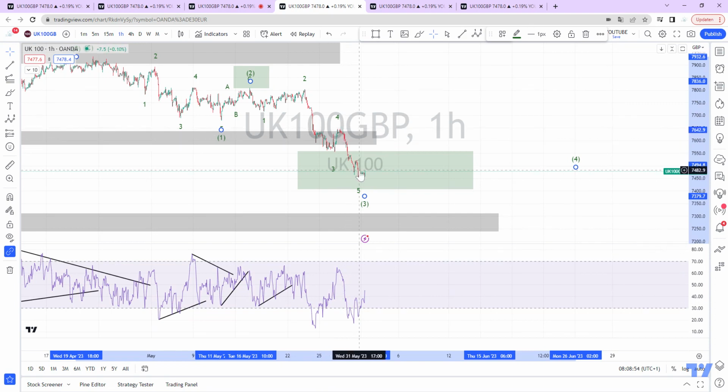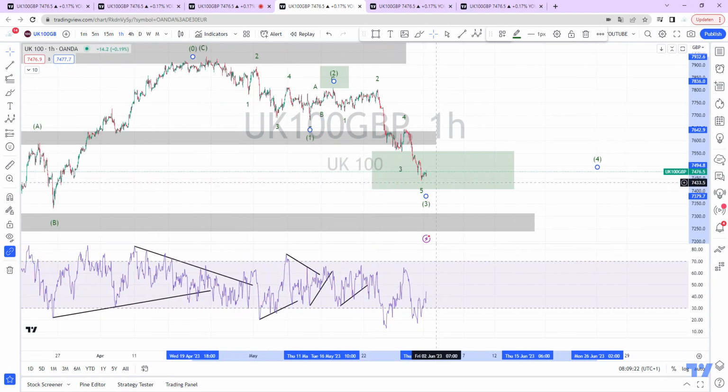Let me see on the 1 hour. Yeah, this looks good. So what I want to see is one more low with RSI divergence. I will enter my trade somewhere here.